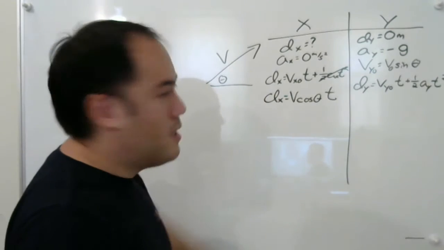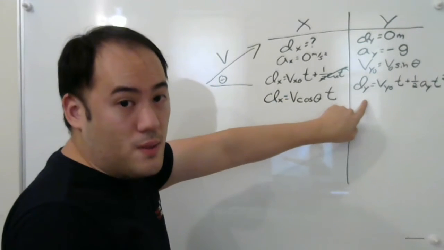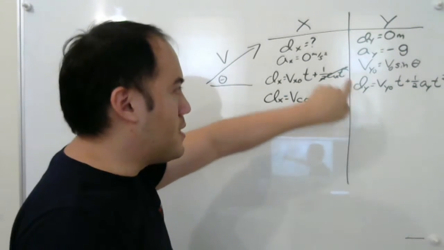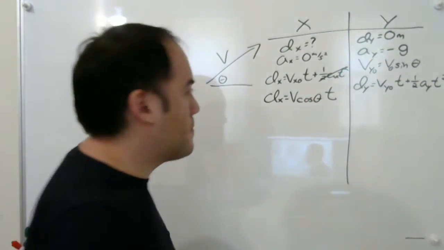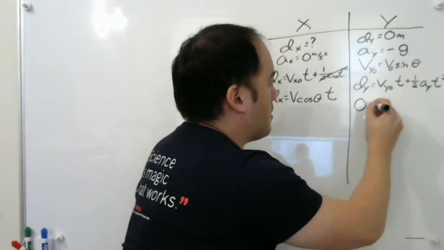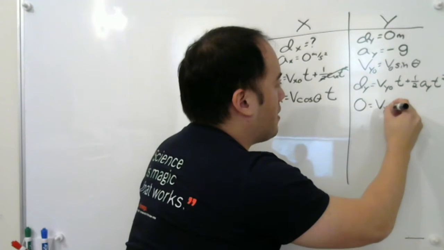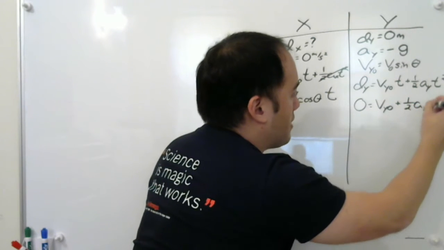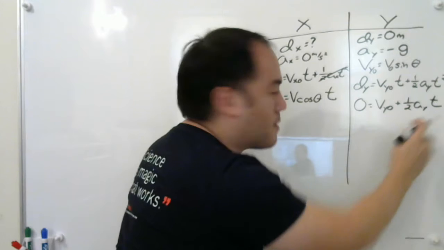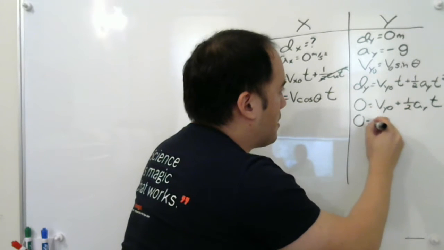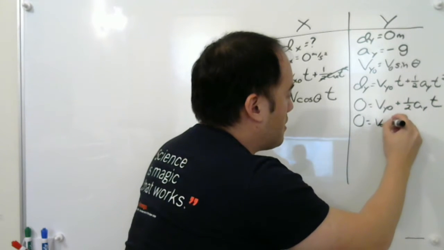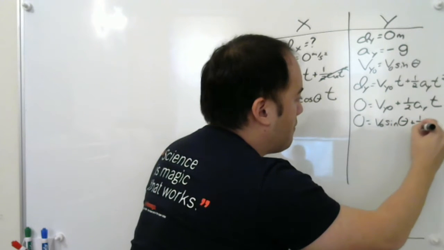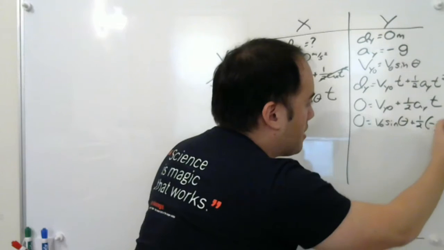Okay, good. Since dy is 0, we can use the trick. Divide the whole thing by time. 0 over time is still 0. So 0 equals vy naught plus 1/2 ay t, not squared, just t. 0 equals v naught sine theta plus 1/2 negative g t.